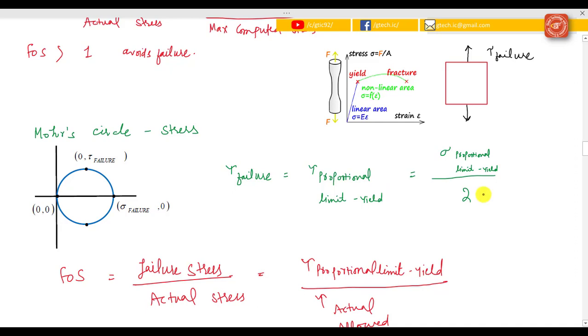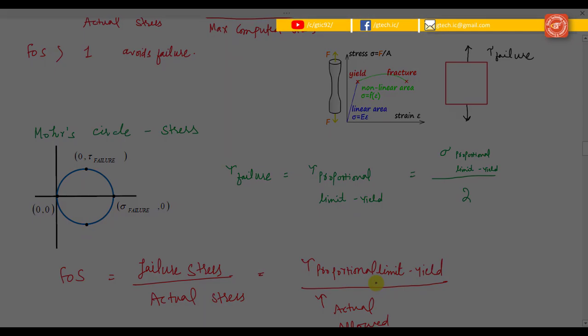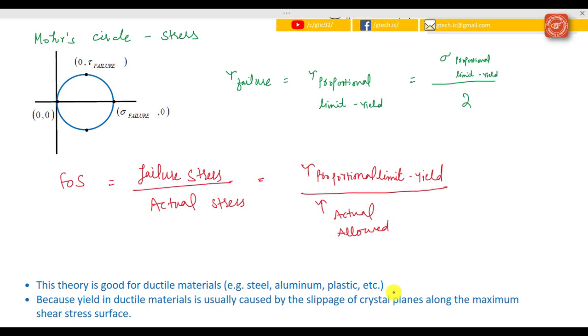And so the factor of safety is the failure stress over actual stress, and we are saying that our failure stress is defined as the proportional limit or yield shear stress that's going to be over our actual stress, and a factor of safety greater than 1 is going to avoid failure.